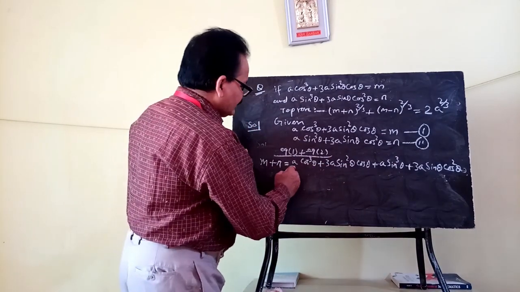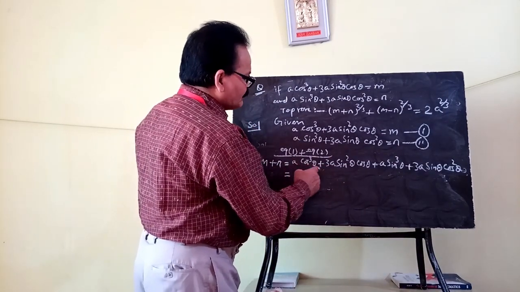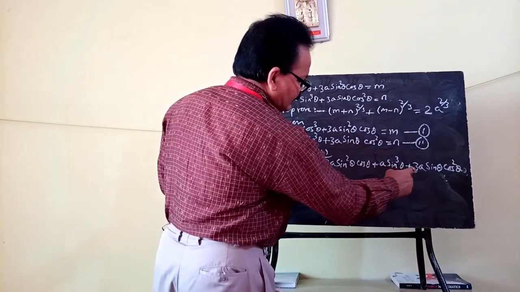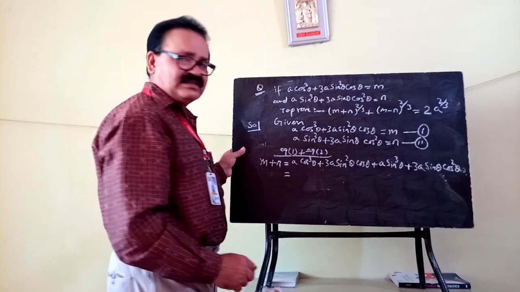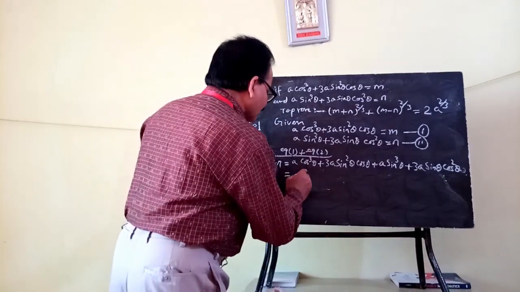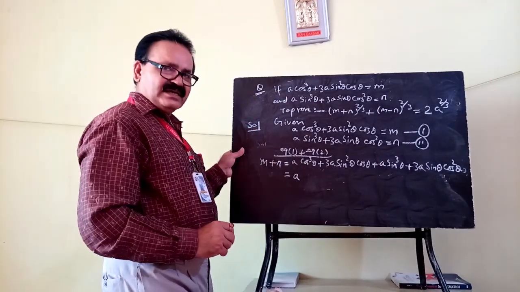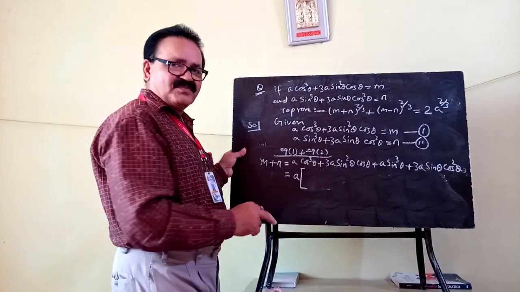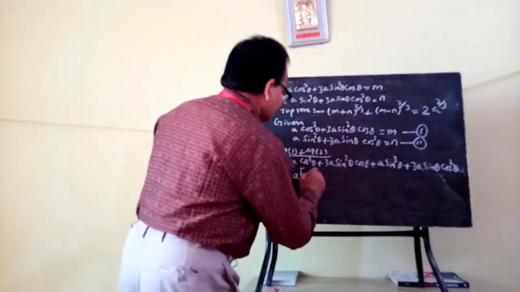From this relation, you can see a cos cube theta plus 3a sin square theta cos theta plus a sin cube theta plus 3a sin theta cos square theta. You take a common, and then after taking a common, you just rearrange it.